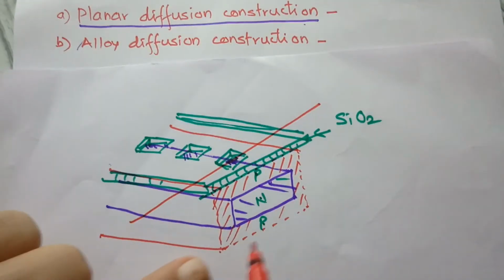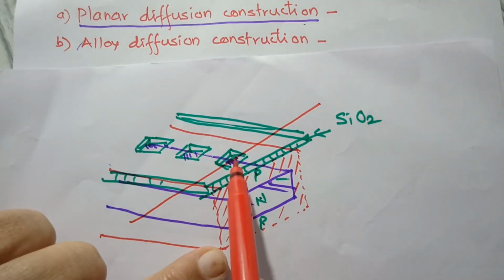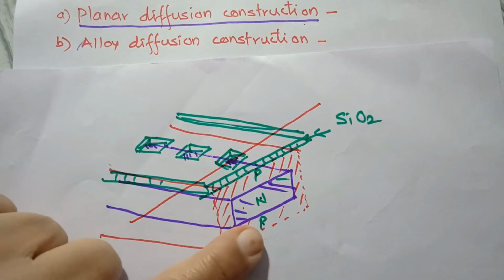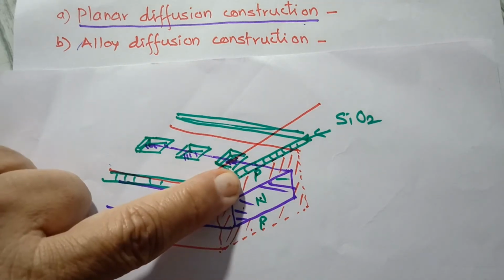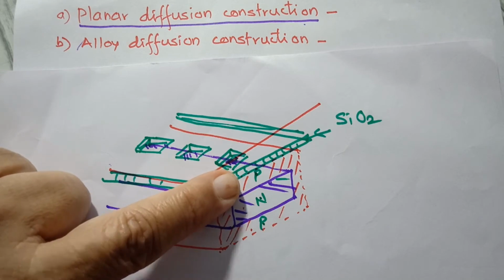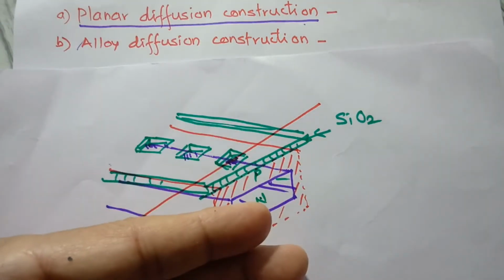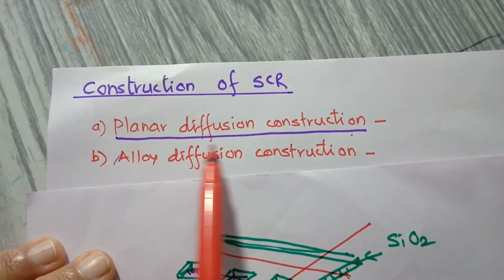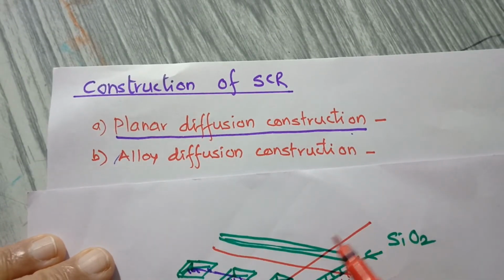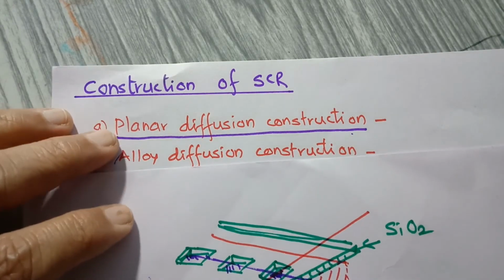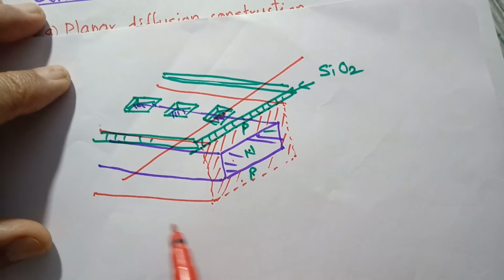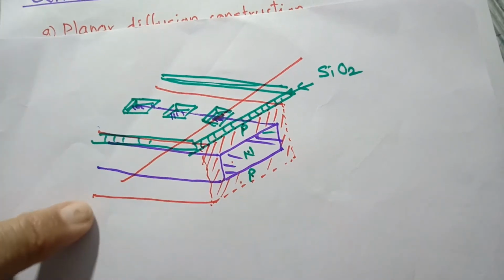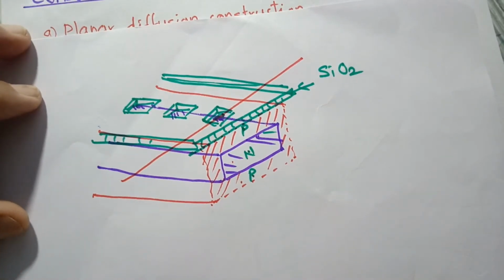In this plane you will get PNPN, meaning all the 4 layers and all the 3 junctions come out to a single plane, and that's why this construction is called planar diffusion construction. And then actually what I have drawn is a 3-dimensional figure, which is very difficult to draw.